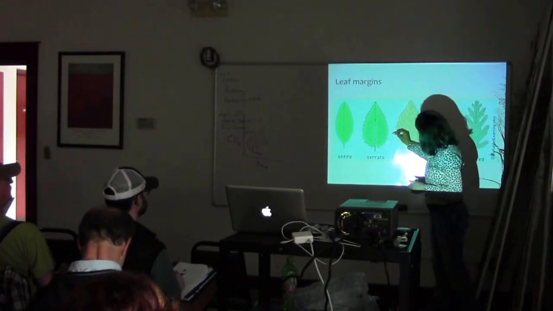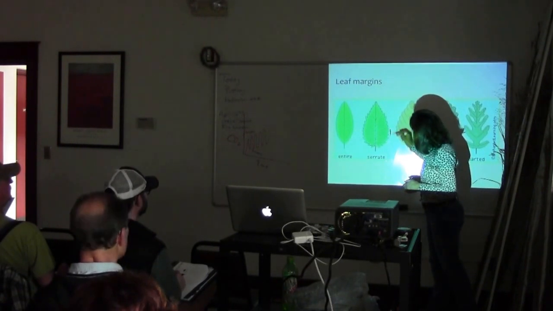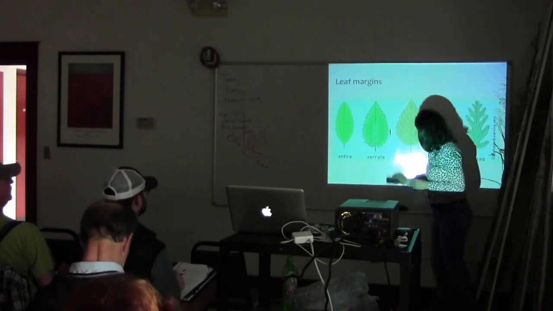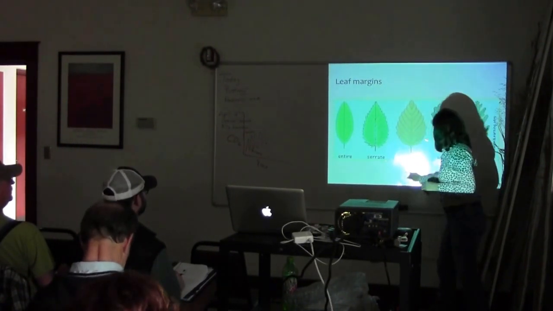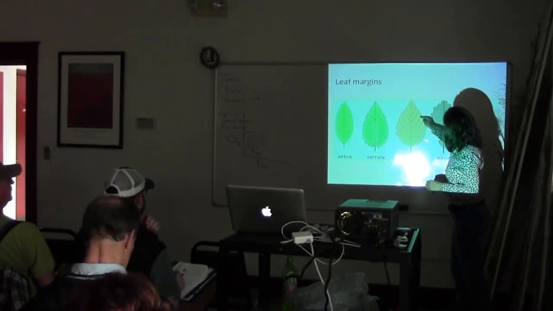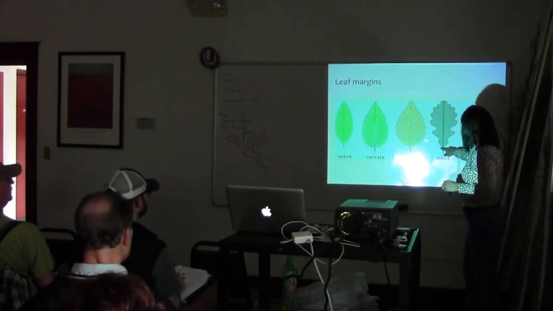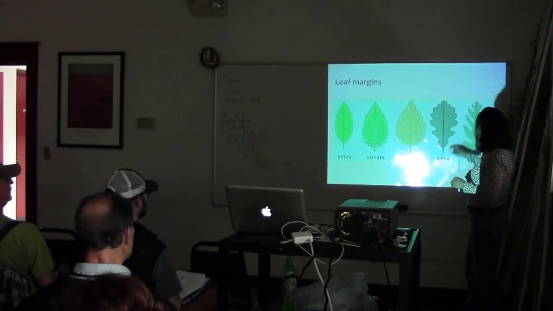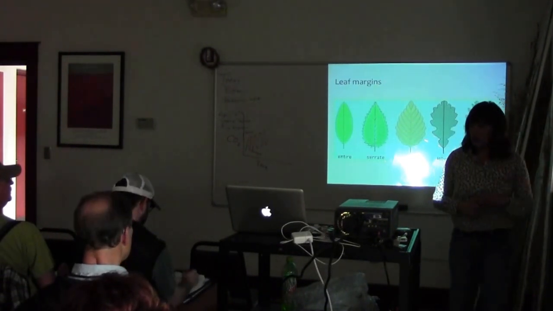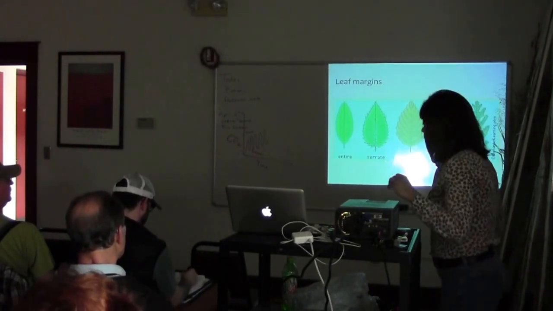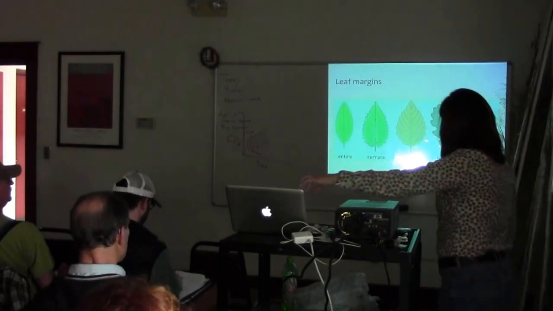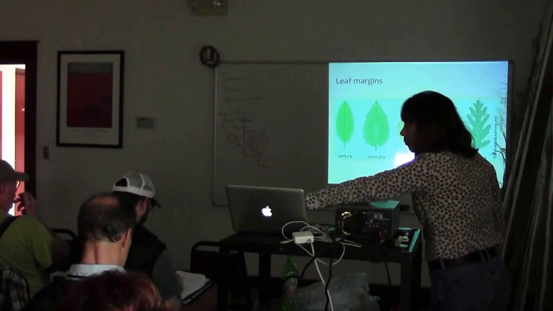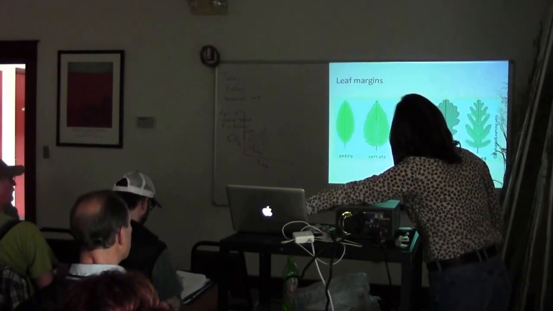If it has tiny little teeth, it may be called dentate, like little teeth. Crenate is kind of ruffly. Lobed has deep cuts. This oak, another oak, deep lobes. So you're going to see these terms in taxonomic text to help you describe the leaf margin.